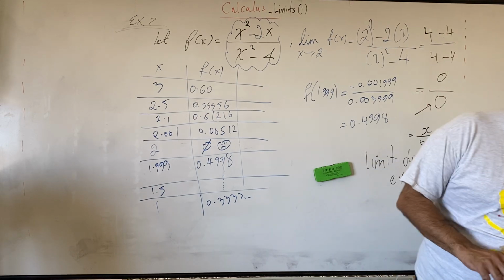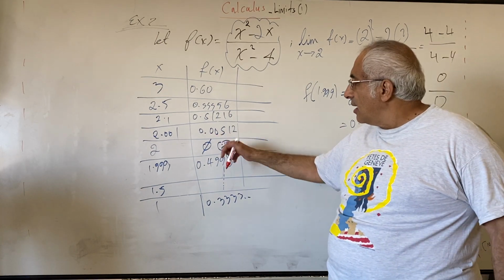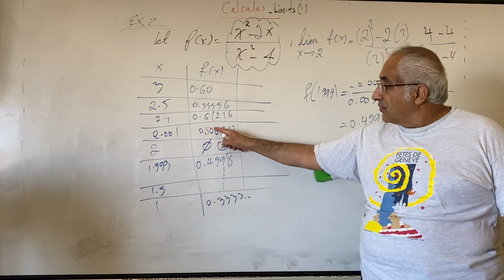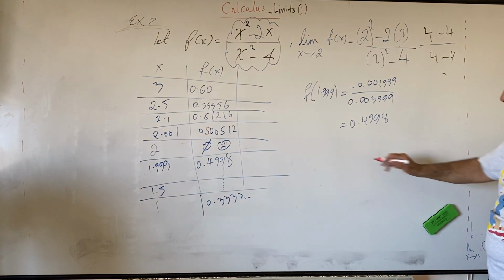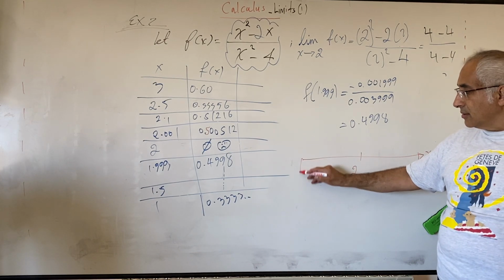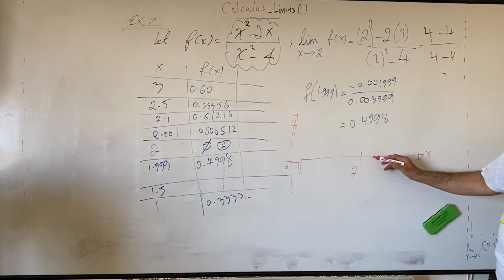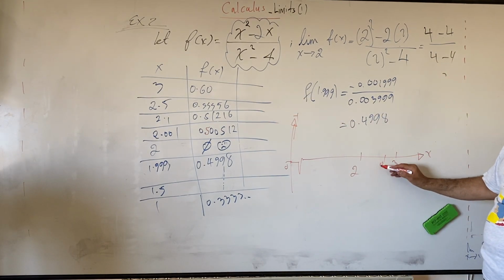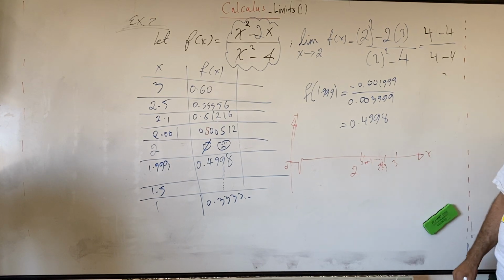So look at those two numbers. Study them carefully. You are coming so close. I made a mistake in here. I should have put 5. So what's happening here? If you come from the right of 2, let's call this to the right of 2. Look, this is the 2 on the number line on the x-axis. You can consider this as the y-axis. As you are coming from a bigger number, from 3, coming closer to 2, 2.5, until 2.00001, what is happening here?